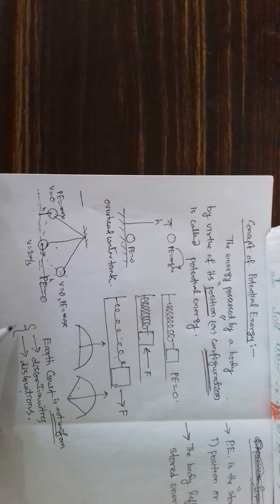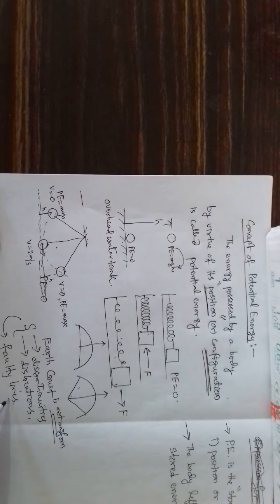These are called faulty lines. That's why sometimes earthquakes occur. And when earthquakes occur, these faulty lines readjust themselves. When an earthquake occurs, we see kinetic energy, movement of some objects. So here, the stored energy is released in the form of kinetic energy.